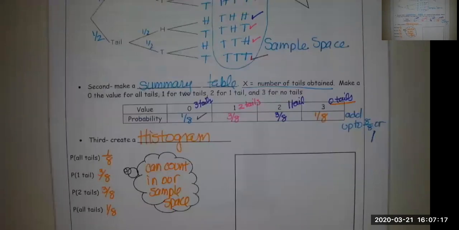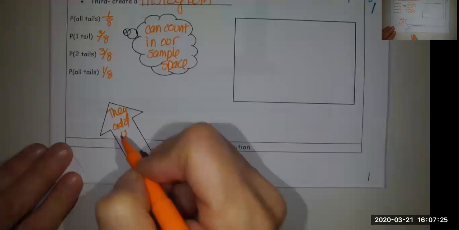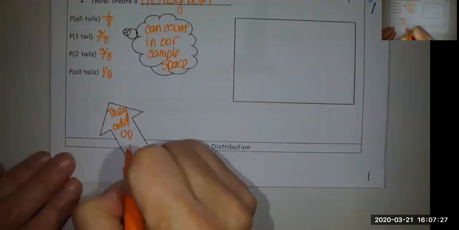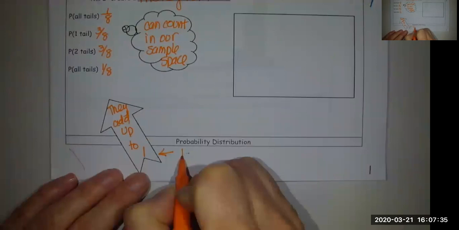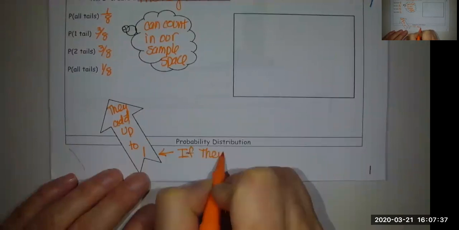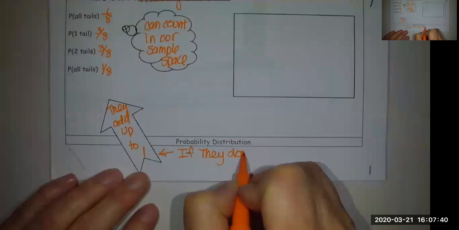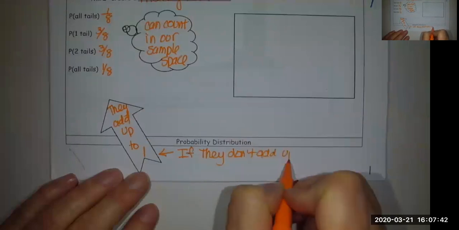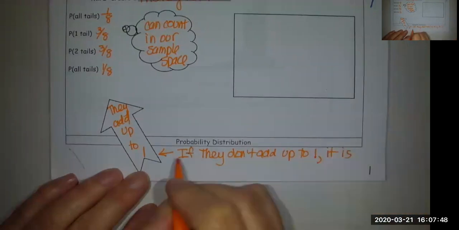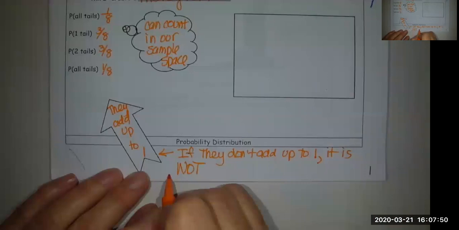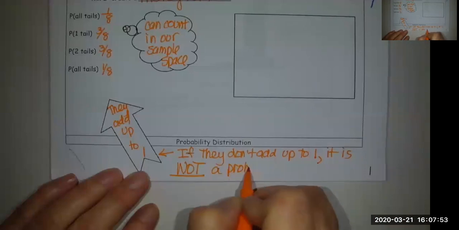Also notice they add up to 1. If they don't add up to 1, we know something is different. Let's put a note: if they don't add up to 1, it is not a probability distribution.